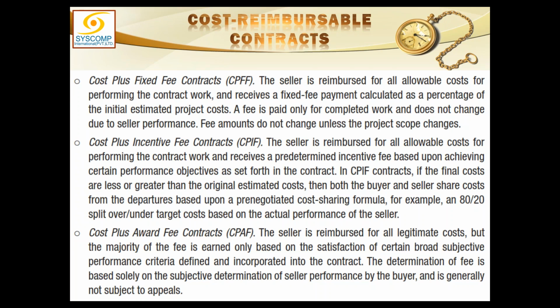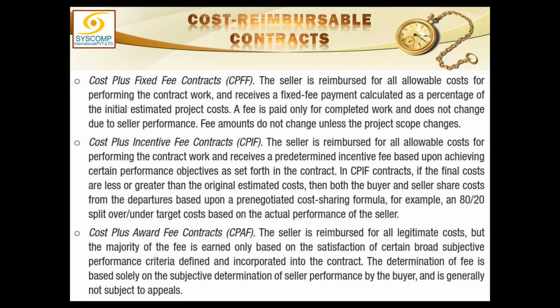All the costs are being reimbursed to him. So I am giving him an incentive to work efficiently and save money which I have to reimburse. And as a result, I am giving him some kind of incentive. And that could be pre-decided in the contract. What incentive, how much incentive, what is the percentage of that incentive. So whatever that incentive is, that is decided when this kind of contract is signed.